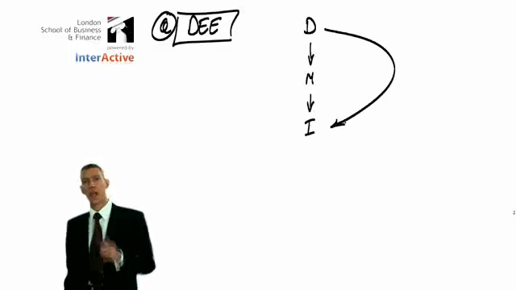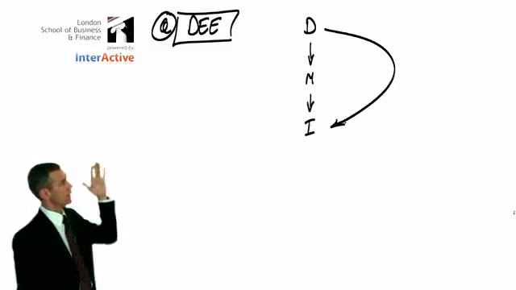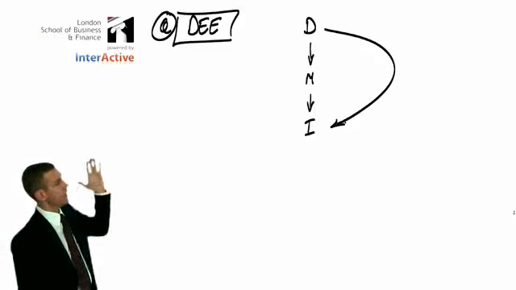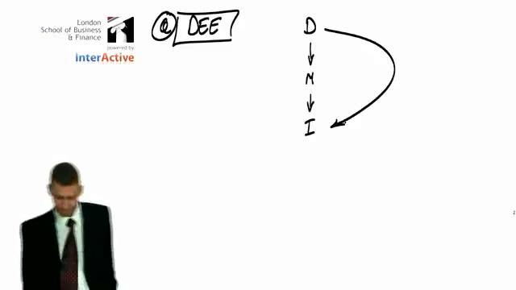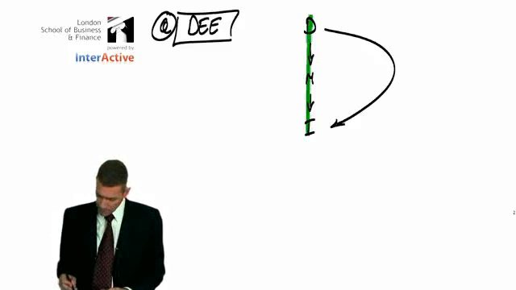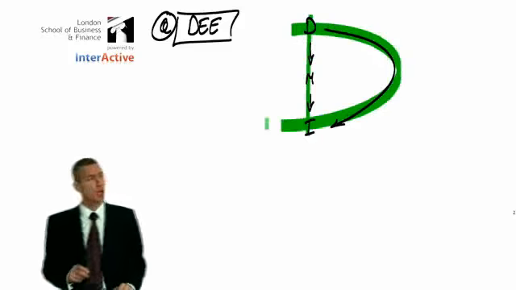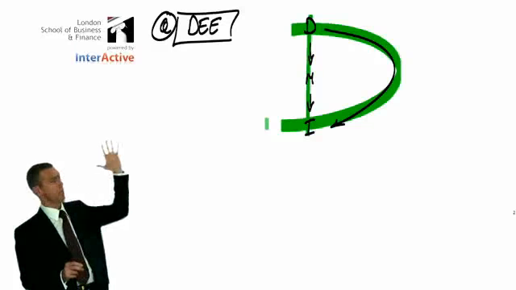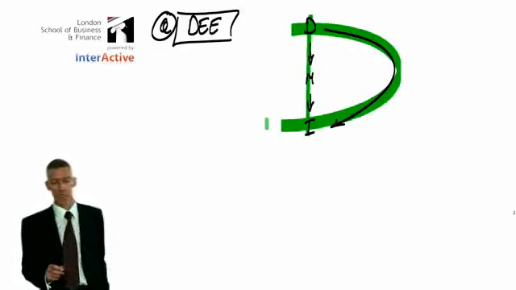The reason that a D group is called a D group is because it looks like a D. Okay, fair enough. Let me just show you that to make it absolutely obvious. There is your D. So it's called a D group because of that.